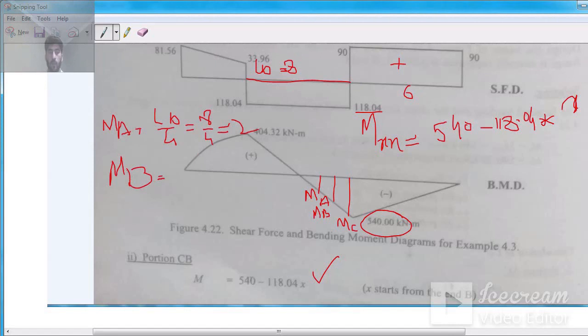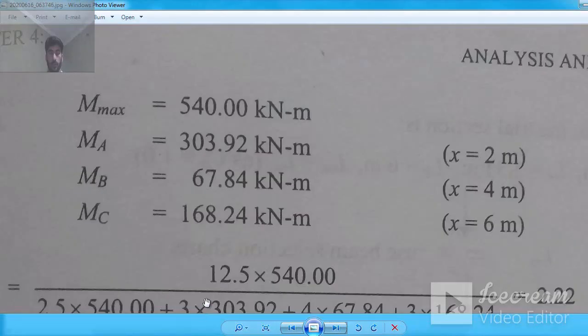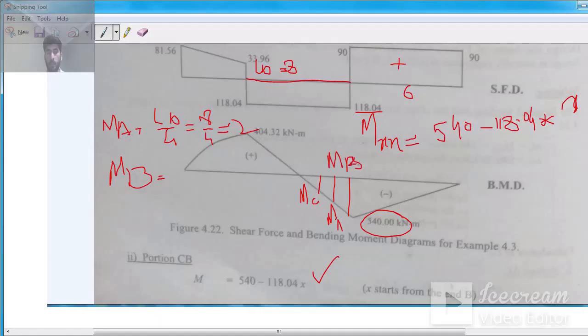For MB, you have to double this distance. For MC you have to triple this distance. That's the procedure. Okay, now one thing, make sure this is interesting. Take MA, MB, MC values. Clear? This one will be MA.